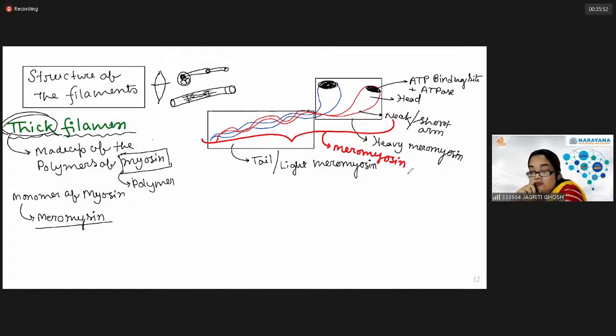As it is a monomer, monomer means a single unit.